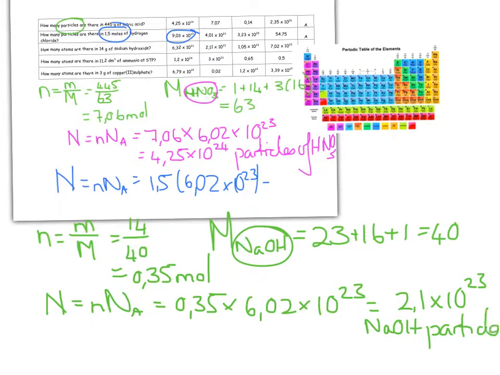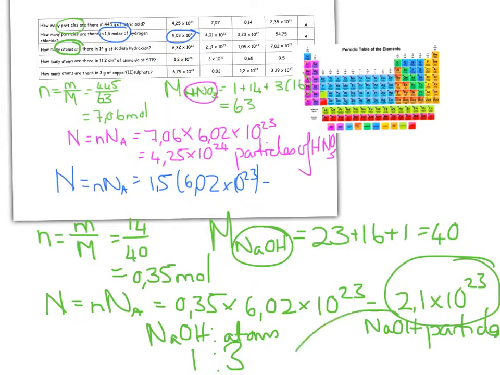But for every one NaOH, how many atoms have I got? Because here I've got a question asking me how many atoms there are. Well, for every one sodium hydroxide, I've actually got one sodium, one oxygen, and one hydrogen, so it's 3 atoms. So I need to take this number and multiply it by 3 in order to get 6,32 times 10 to the 23.